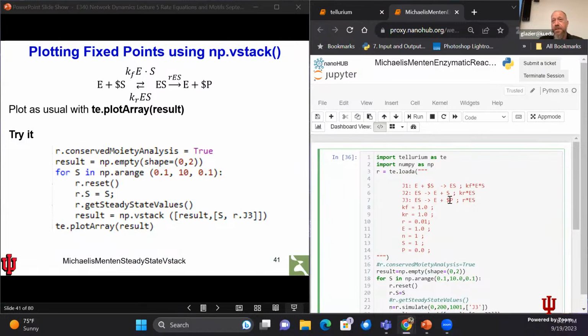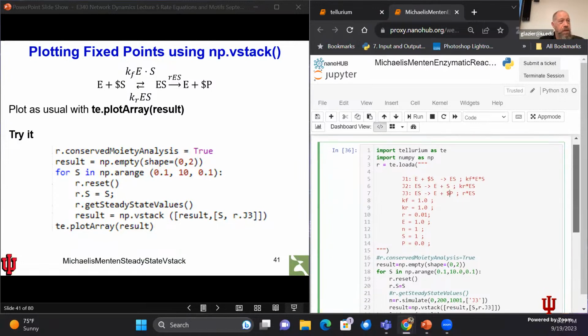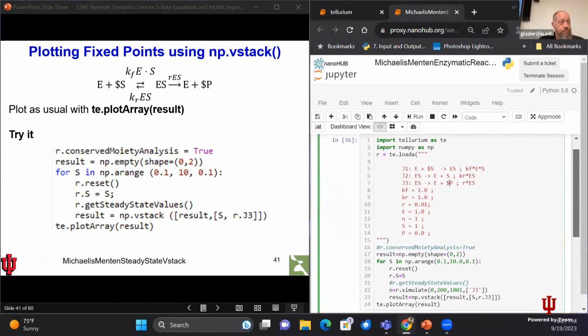And so if you try to solve for the steady state, it'll fail because P will diverge. That's not a very pretty way of doing it, but it works. And it doesn't care where you put it. If you put the $ sign in front of any S and any P, it will work.